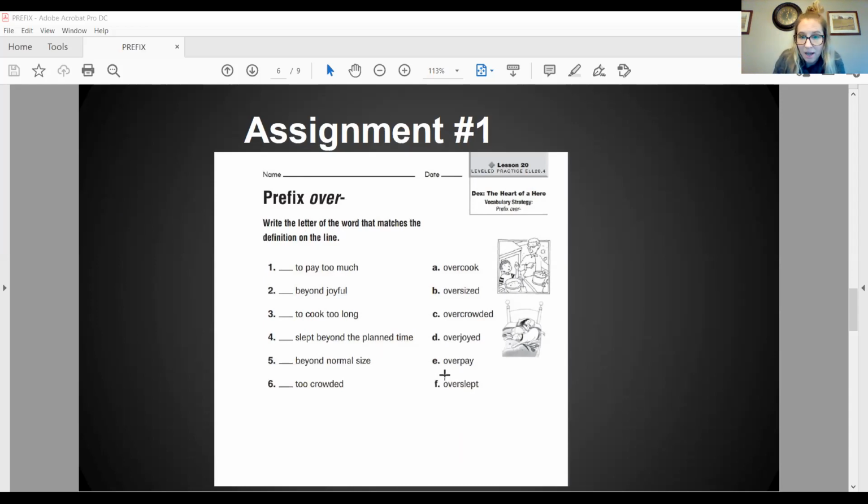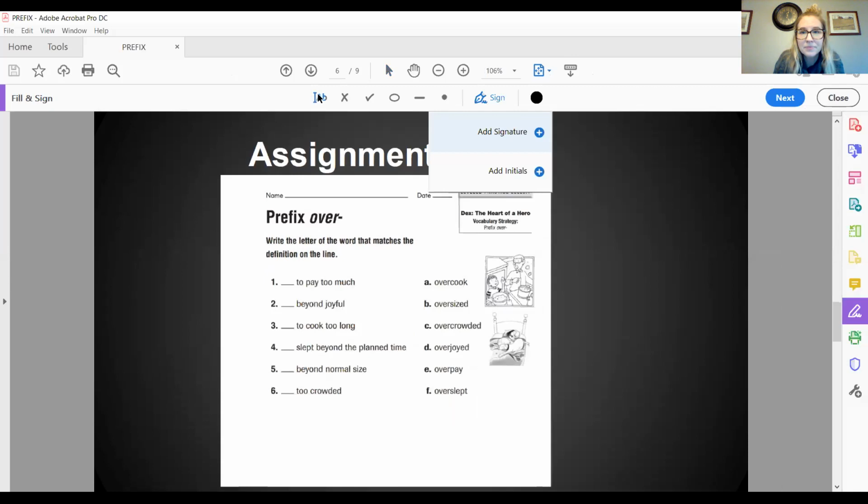I think they would tell me that I overpaid. So what I would do is take my pen, and I can even write a letter in here. Overpaid is letter E. So here I'm going to put letter E for my answer. If that's too hard to do and it's easier for you to write the word over here, you can go ahead and do that too.